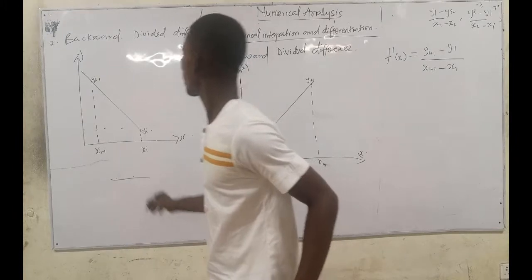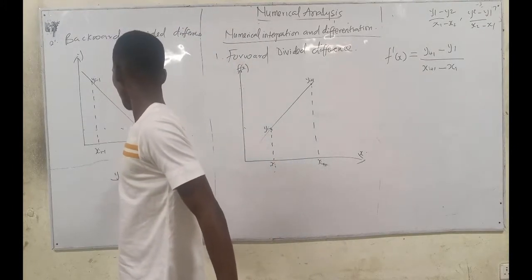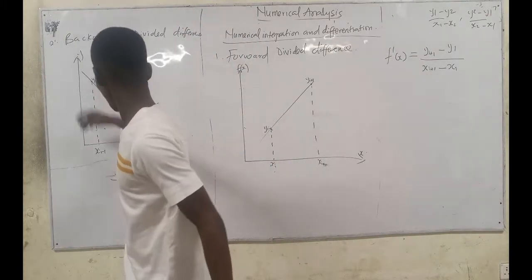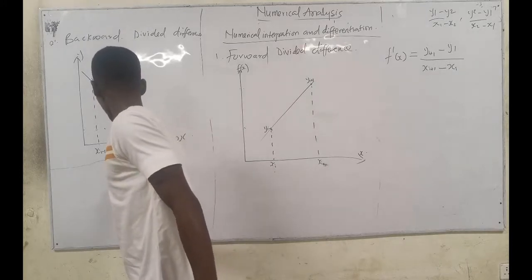So here will be what? Okay, yi minus 1 minus. So it will be this one minus that.